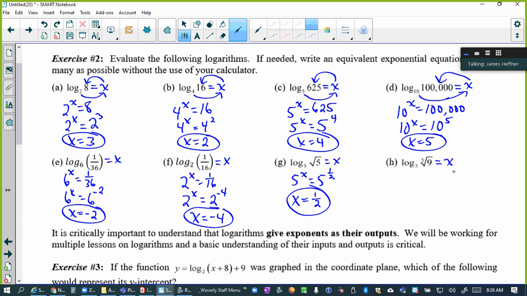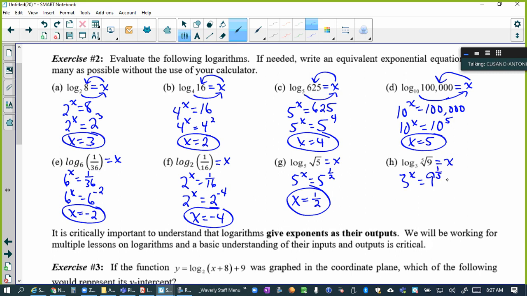So we can rewrite that exponentially, right? So it would be 3 to the x equals 9 to what power? 9 to the 1/5 power, right?